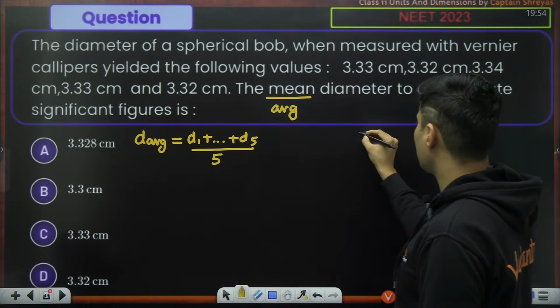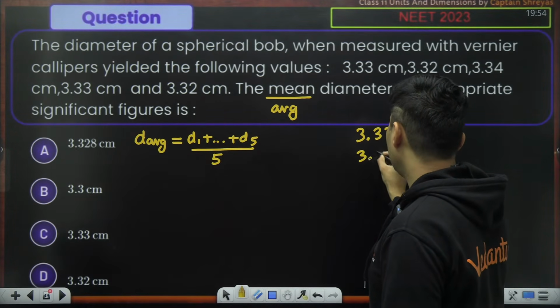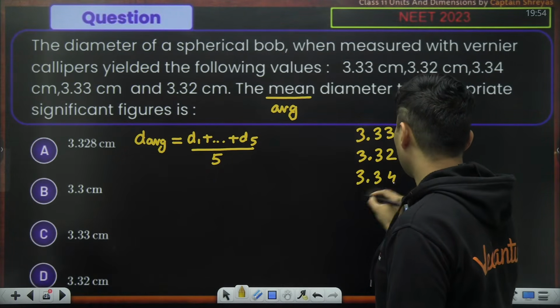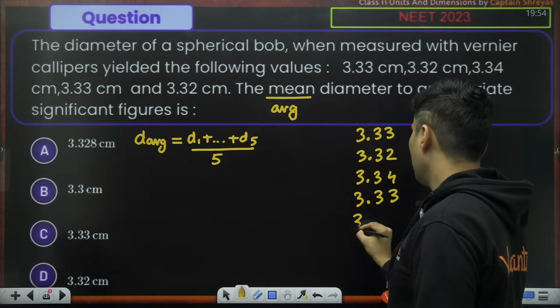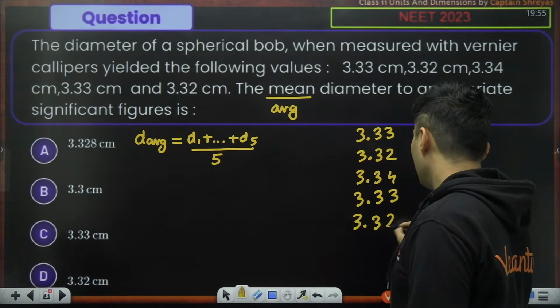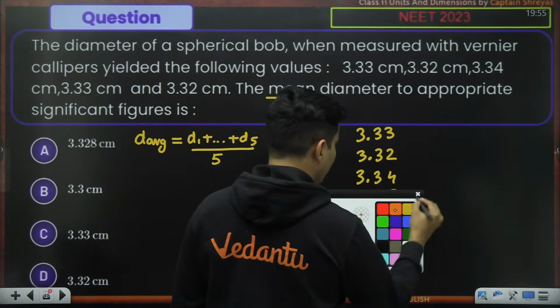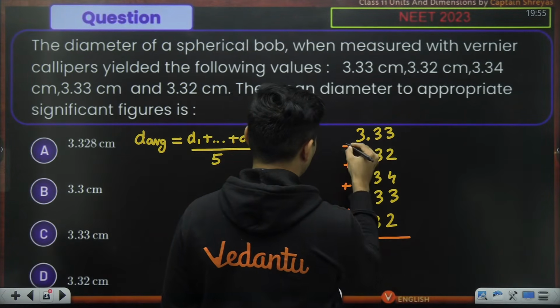So what are the numbers? 3.33, 3.32, 3.34, 3.33 again, 3.32 again. Just do the simple addition and tell me what you are getting after adding all of them.